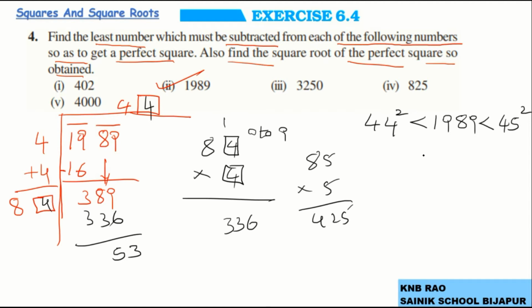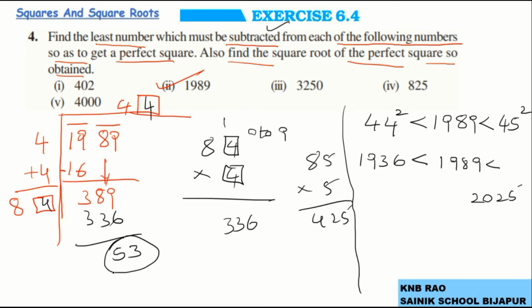So you know, the square of 44 is 1936 and the square of 45 is 2025. Now you tell me how much is to be subtracted to make it a perfect square. The number to be subtracted is this number only, 53.